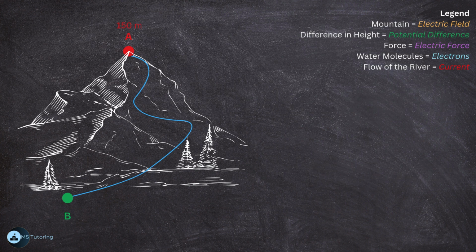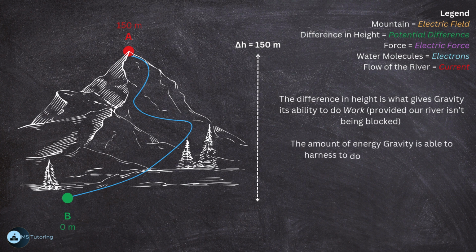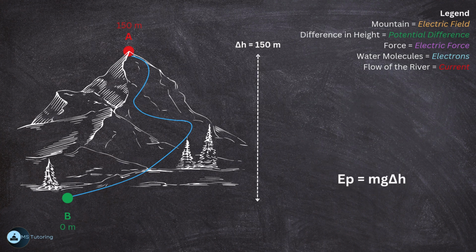Now, when we first encounter the concept of energy in physics, we usually learn about a type of energy called gravitational potential energy, the energy associated with an object's height above the ground. Gravitational potential energy is given by the equation E equals mg delta h, where m is our mass in kilograms, g is our acceleration due to gravity, and delta h is the change in height across which the object may be made to move by gravity.